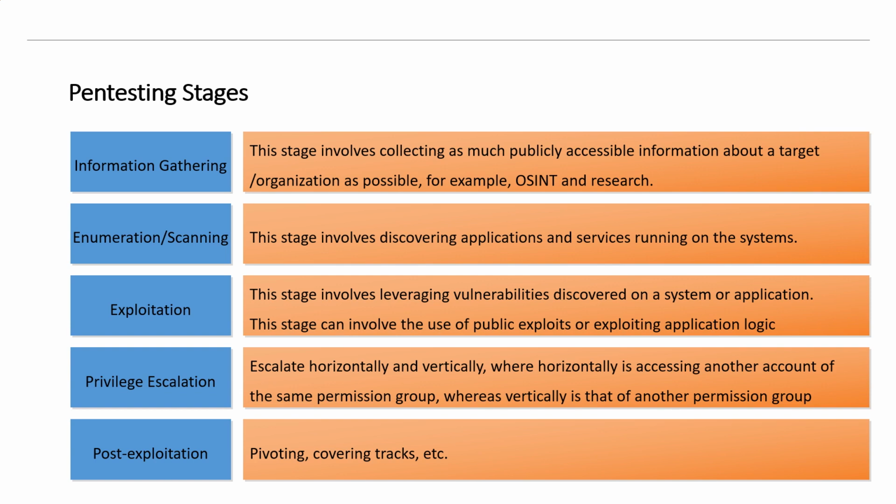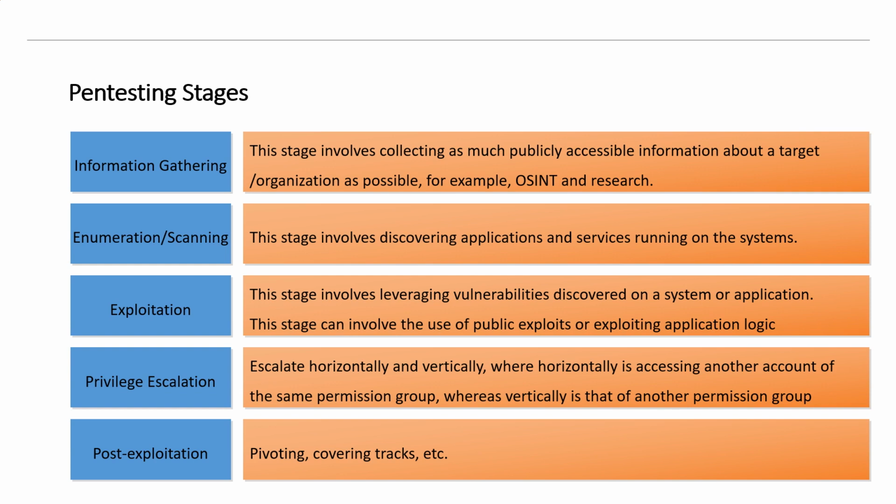And the next stage would be more interesting for the pen tester: exploitation. This stage involves leveraging vulnerabilities discovered on the system or application. And also we use public exploits or some sort of application logic.